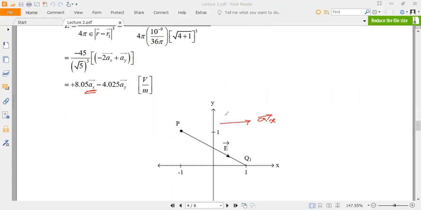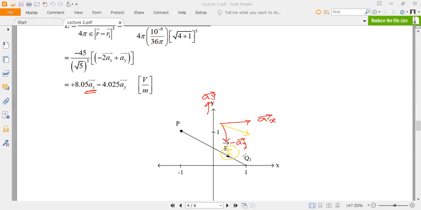These are the unit vectors pointing along the X and Y axes. So if this is AY, then negative AY will be like this. And my resultant will be this, which is my electric field intensity.